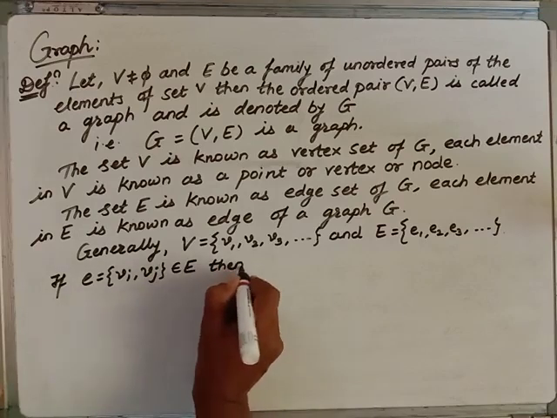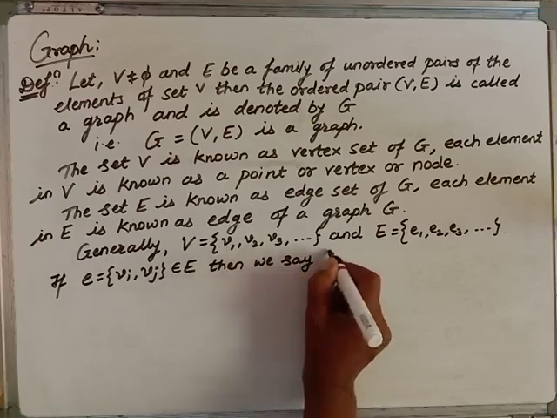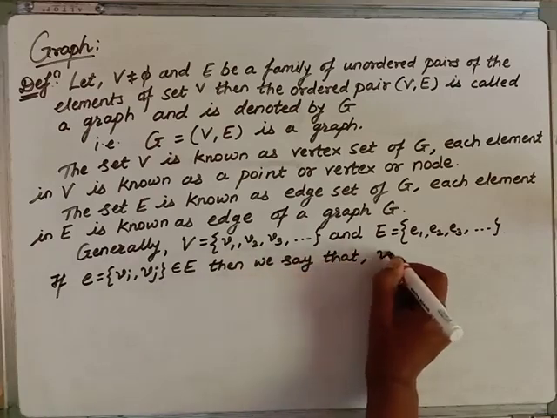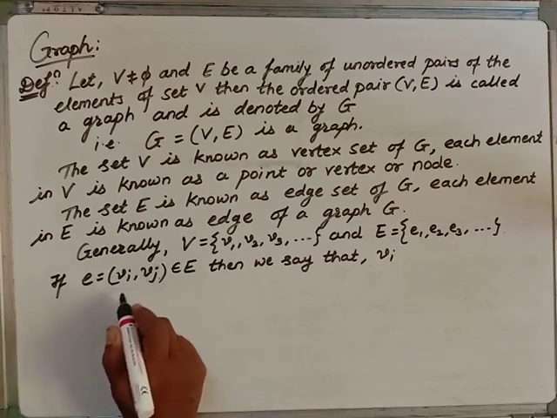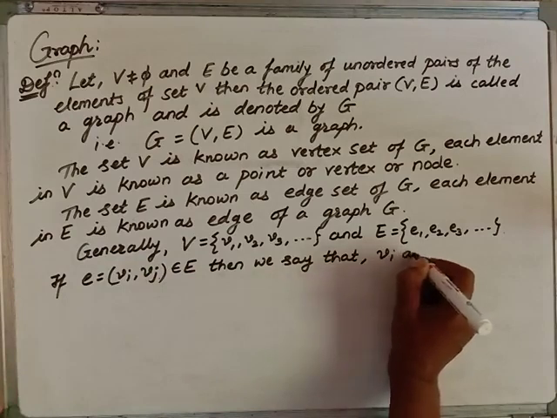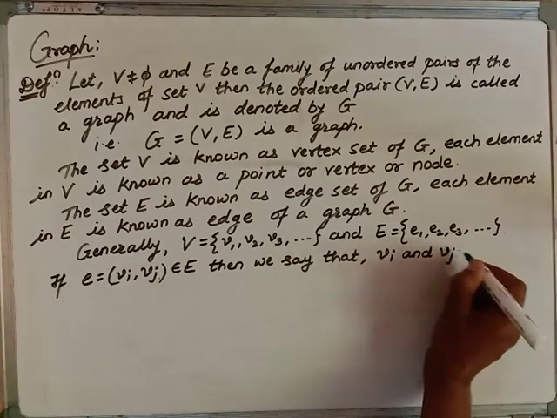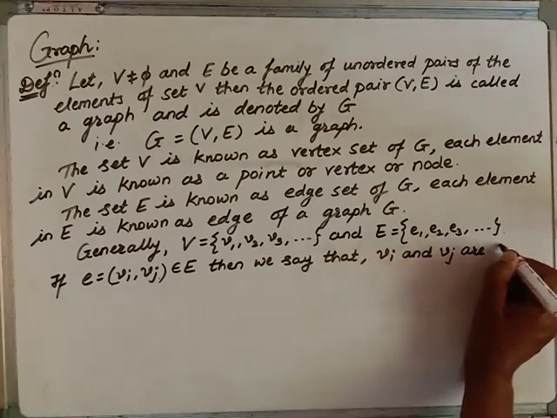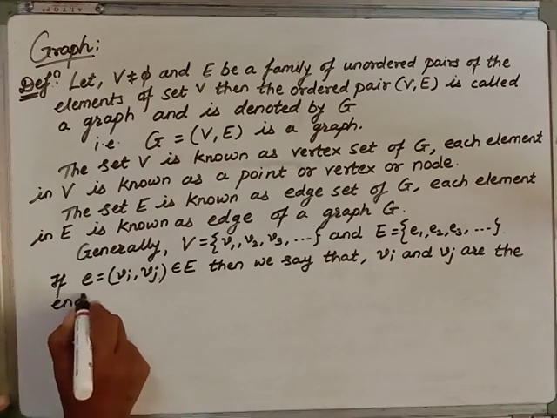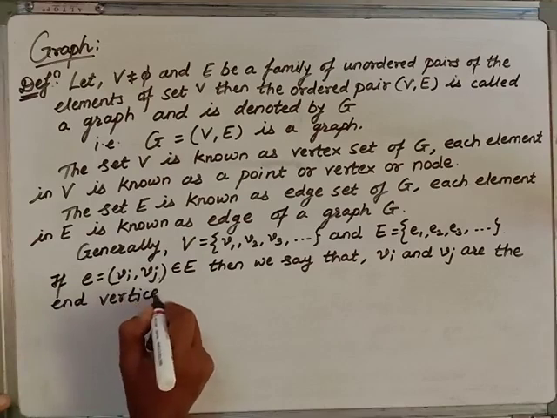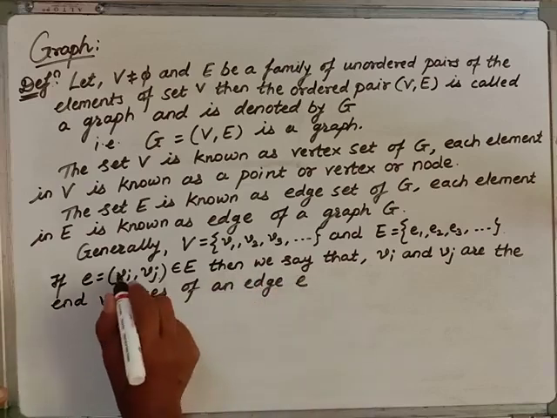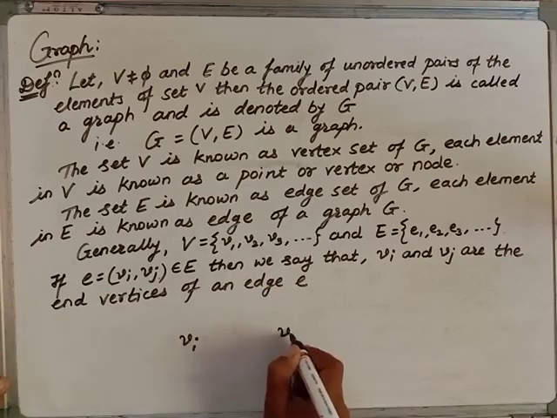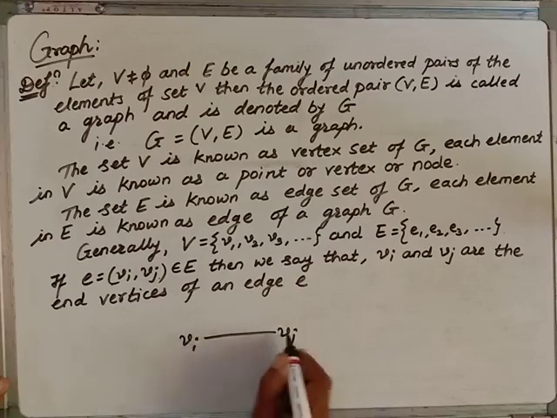Then we say that Vi and Vj, actually it will be an ordered pair, are the end vertices of an edge E. Means somewhere Vi and somewhere Vj is there, and the edge between them is this E. We will see it further.